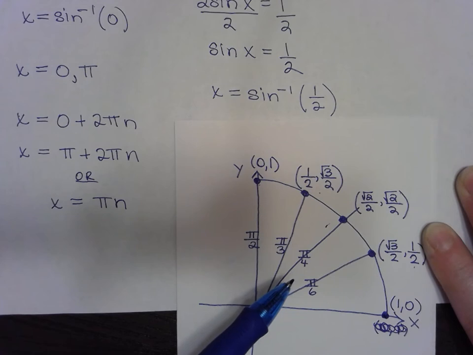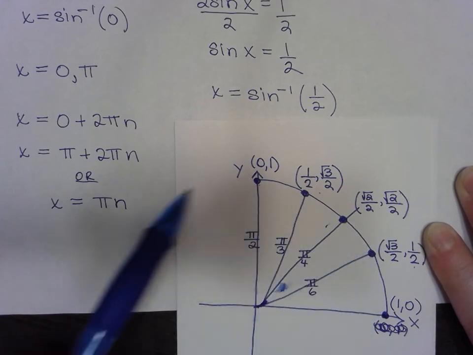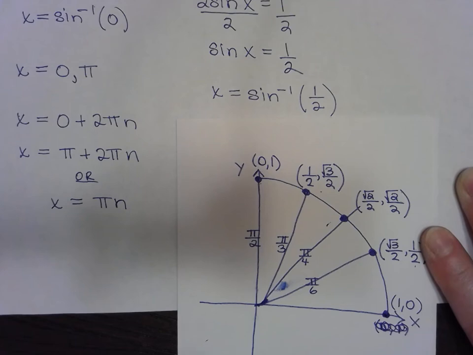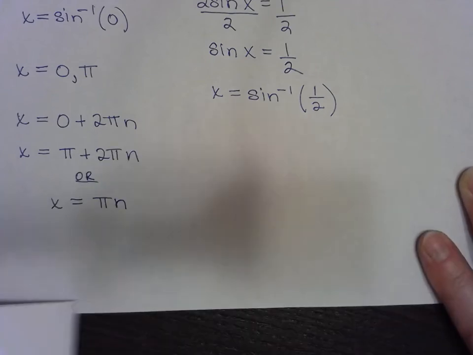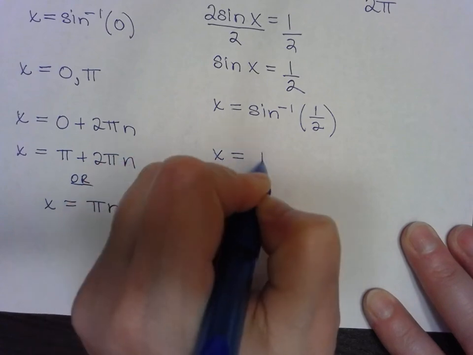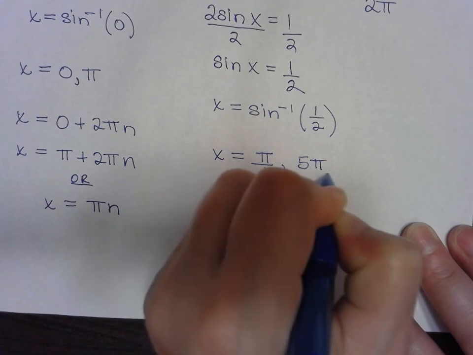We've done this one several times, I think, right? So we have pi over 6 on this side, or for a positive sine value, it could be 5 pi over 6. I think that's all, because down here it's going to be negative, and down here it's going to be negative. So this is going to give us pi over 6 and 5 pi over 6.